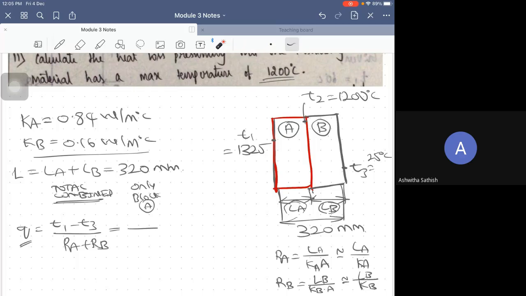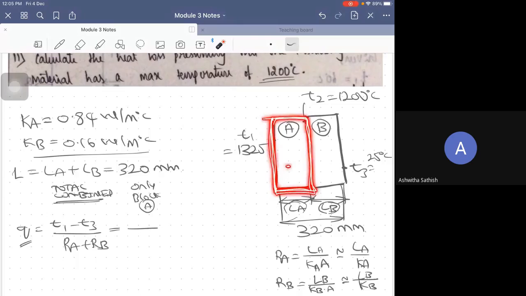Now, when I consider only block A, what will be my temperature difference across this particular block?